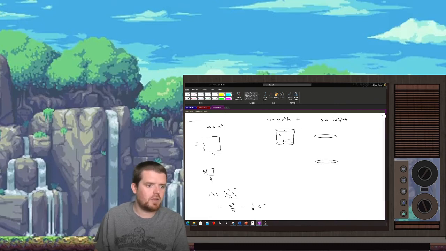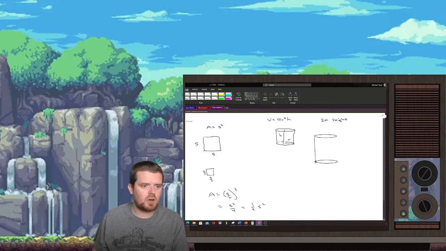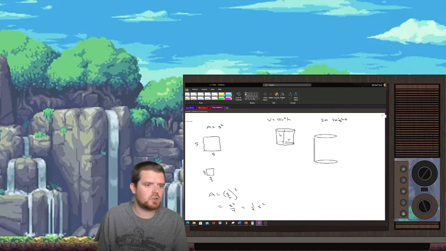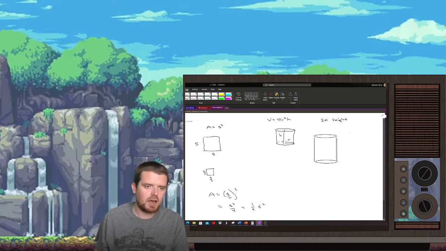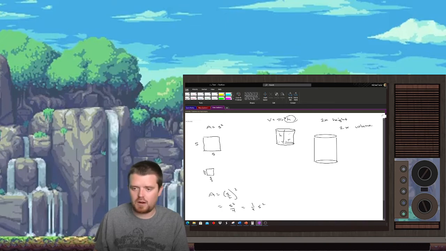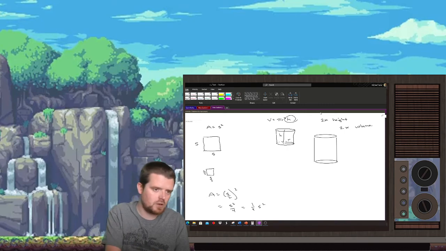But if I were to double the height, right, the question is, well, how much more space is this new cylinder occupying? And I could click and drag like I did in the previous examples, but it's taking up approximately twice the volume. So doubling the height would mean I'm doubling the volume. Looking at the variable, there's no exponent there, so it's a 1-to-1 change.